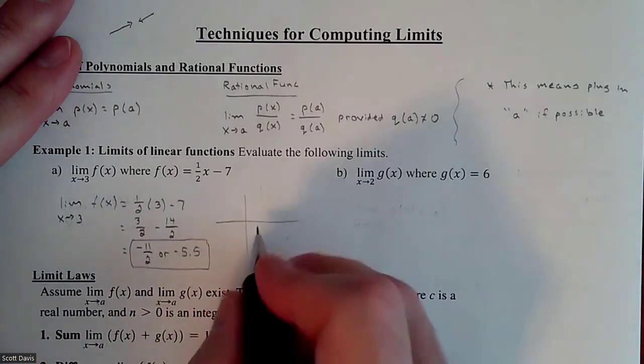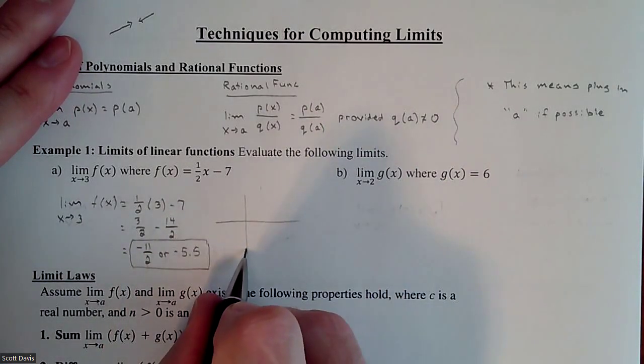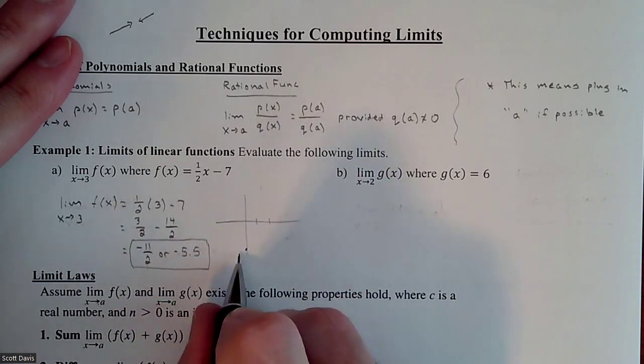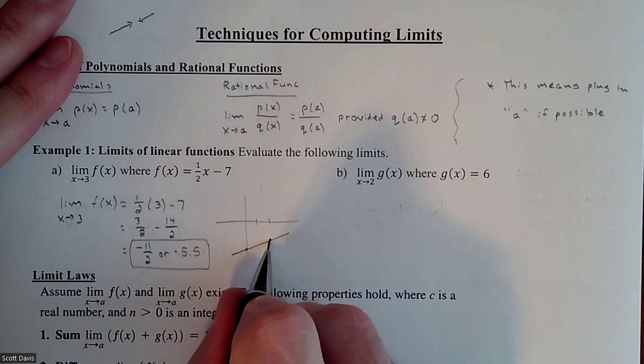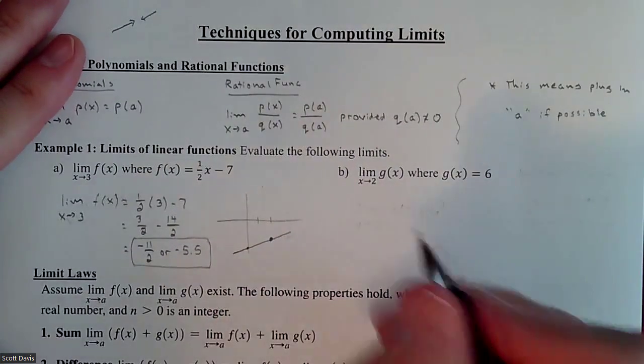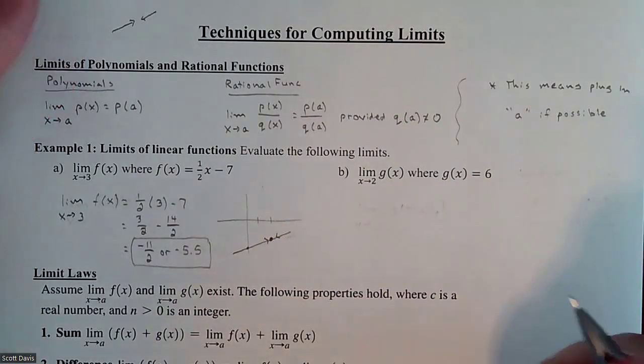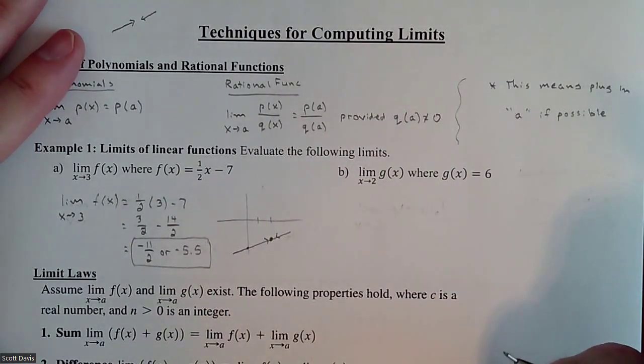If I was graphing this linear, it has a y-intercept down here at negative 7, going up 1/2. I'm going to be at a height of negative 5.5. So there's my value. I'm definitely approaching the same thing, and I knew I was because we had a linear.